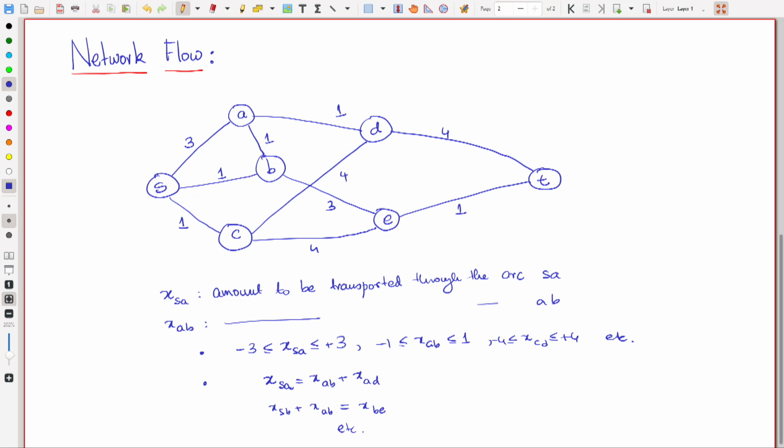And then what do we want to maximize? We want to maximize the stuff that is going into T or the stuff that is coming out of S. It has to be equality. We can't store anything at these nodes, whatever comes in has to go out.